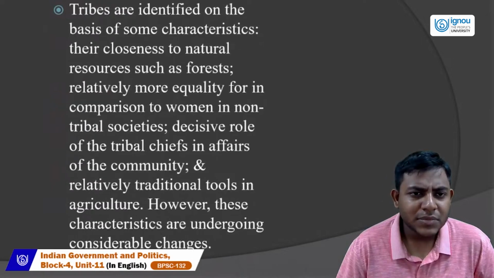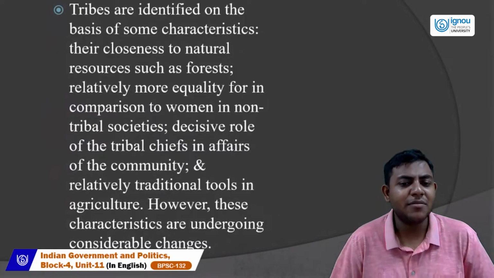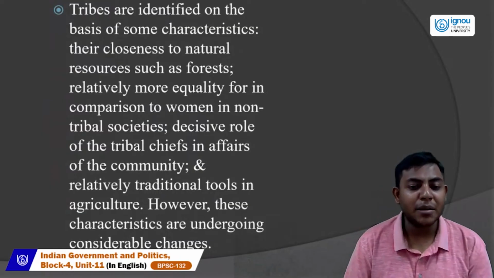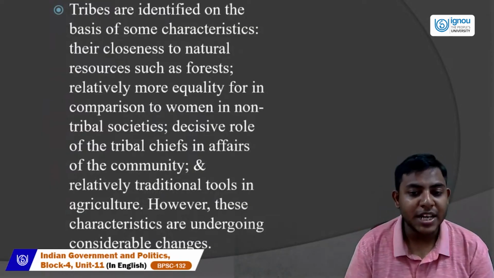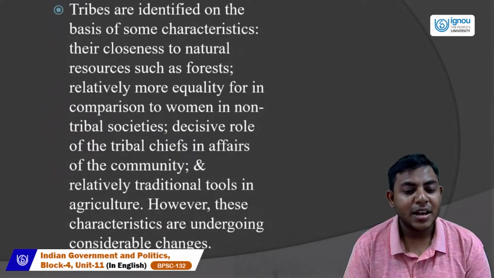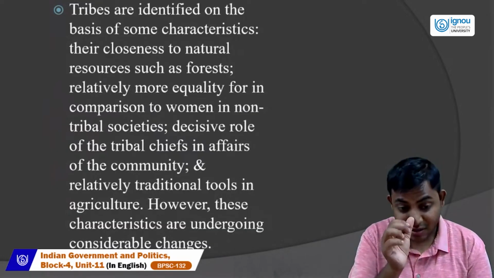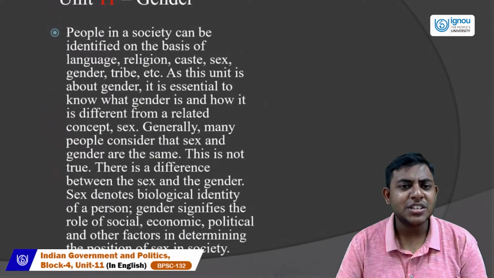So tribes are identified on the basis of some characteristics: their closeness to natural resources such as forests, relatively more equality in comparison to women in non-tribal societies, decisive role of the tribal chiefs in affairs of the community, and relatively traditional tools in agriculture. However, these characteristics are undergoing considerable changes.